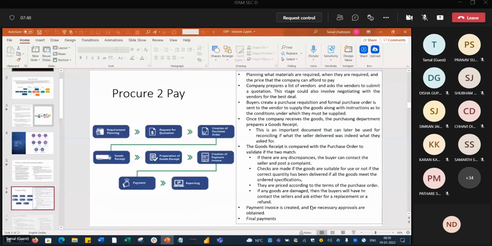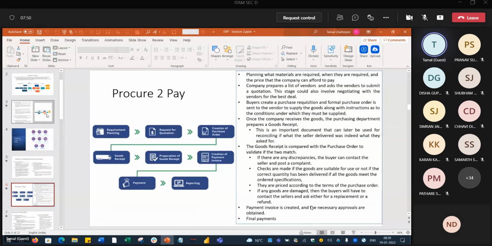Now we have also seen the opposite side of order to cash. Order to cash is a selling cycle, and procure to pay, as the name suggests, is P2P. Procure means vendor handling, inventory handling, all those things will come up. Here we plan our procurement, we select our vendors, we put the purchase order to the vendors.